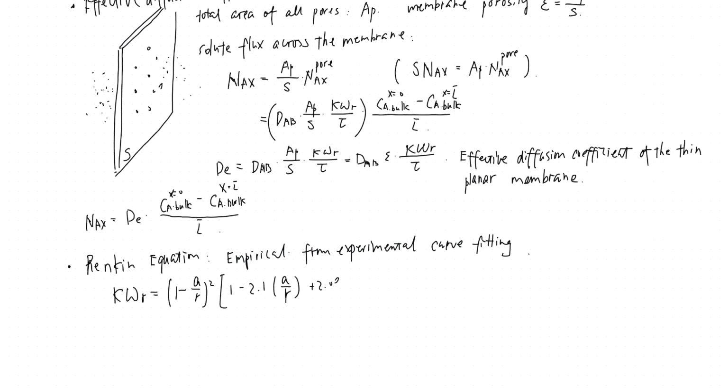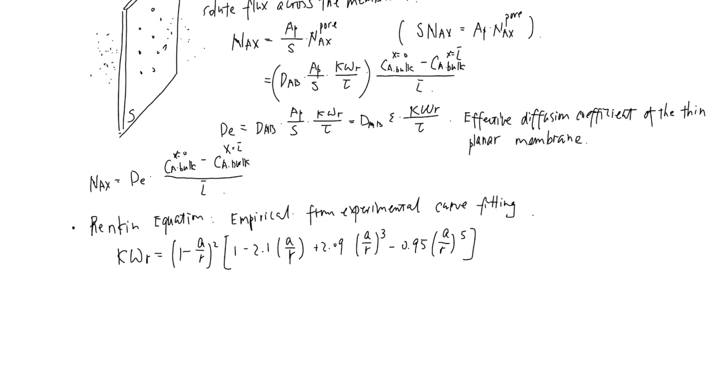It's the same K we discussed in the last lecture. And the second term, which is in the square brackets, is the hindering effect, omega R. It is the power to the third.